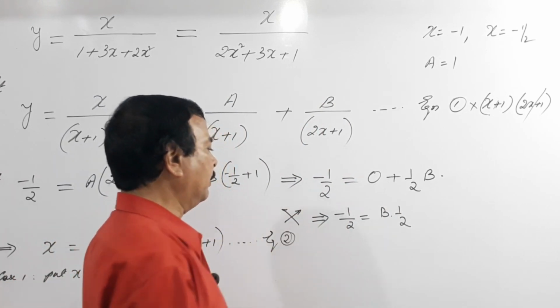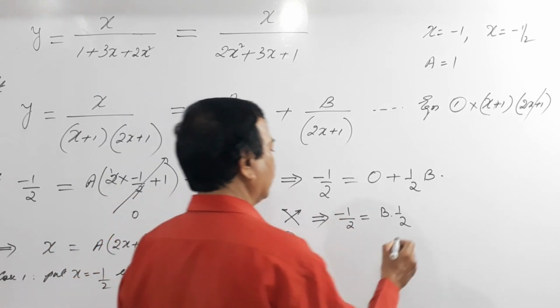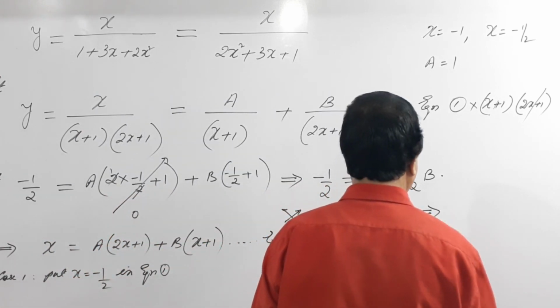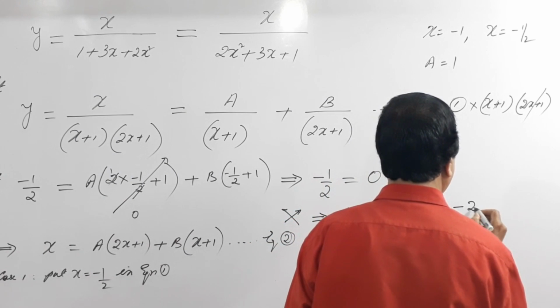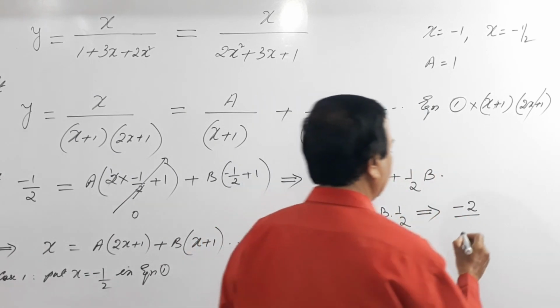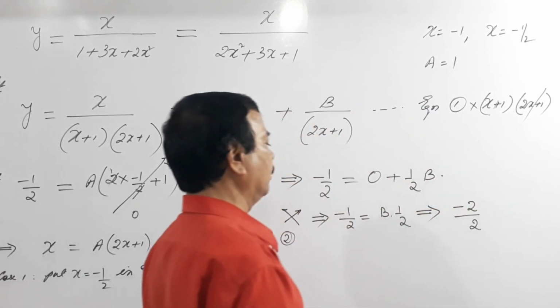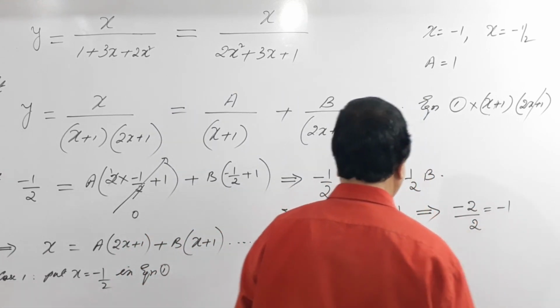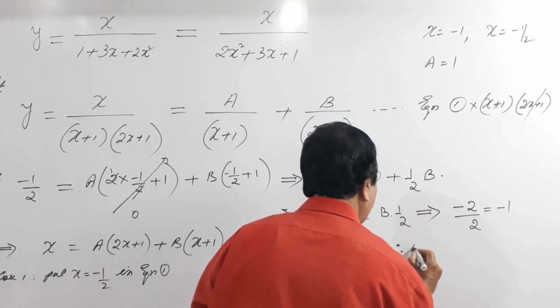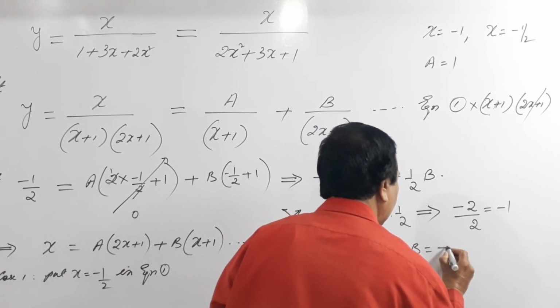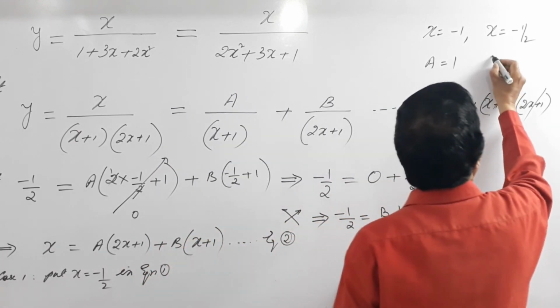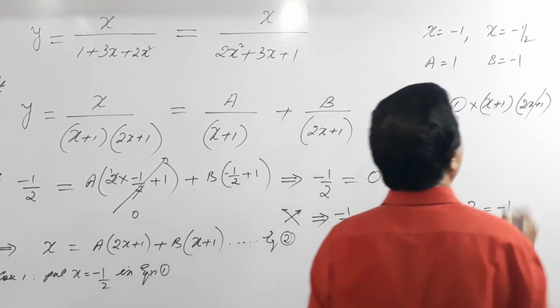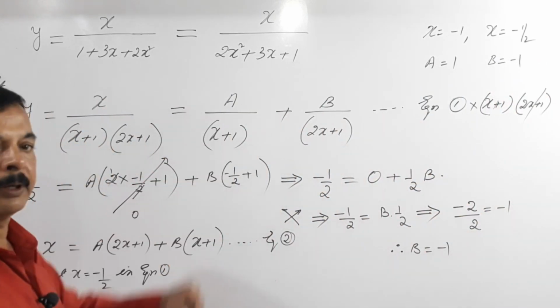So this becomes minus 2 by plus 2, so this is equals to minus 1. Therefore b equals to minus 1. So we have got the values of a and b.